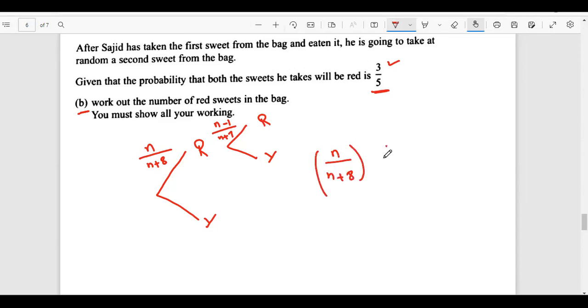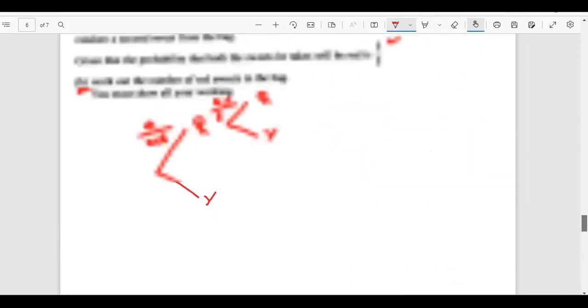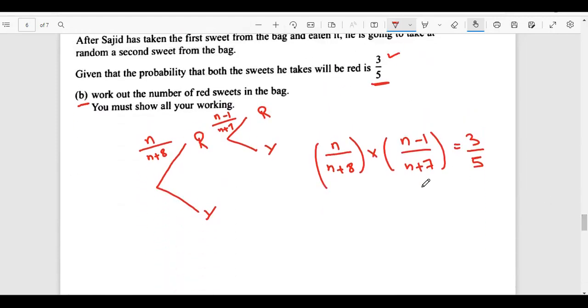So you do n over n plus 8 and then n minus 1 over n plus 7 equals 3 over 5. Now you need to solve it. You can do it through cross multiplication, but let's multiply both the fractions first.